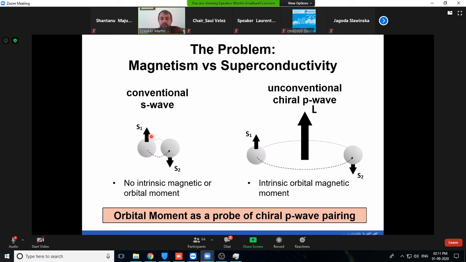However, if you combine this with unconventional superconductivity, there you can get what is orbital magnetic moment. So the contributions of conventional spintronics can become relevant because this becomes now a magnetic object.